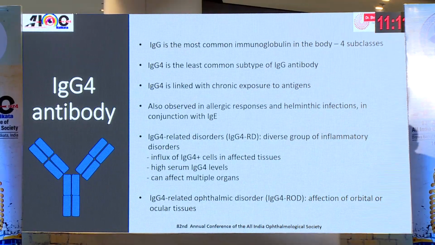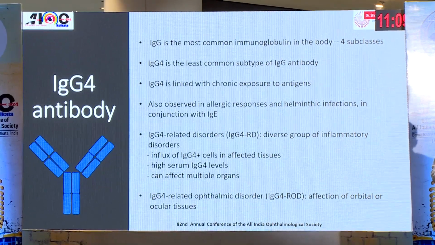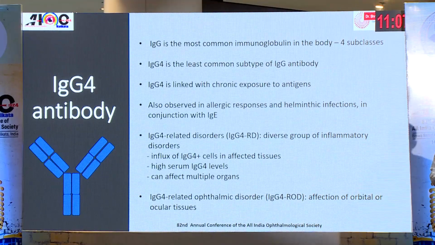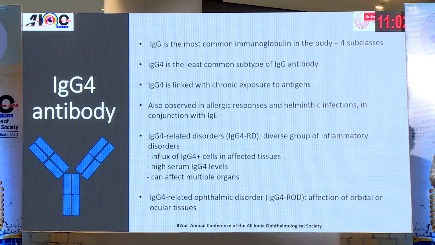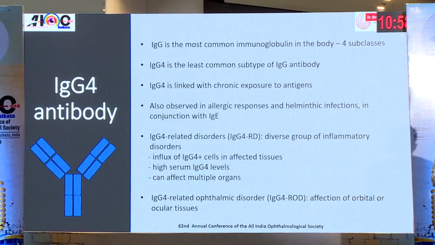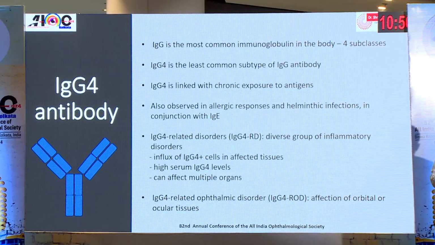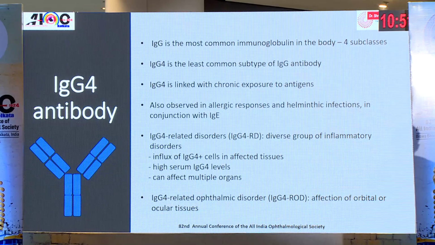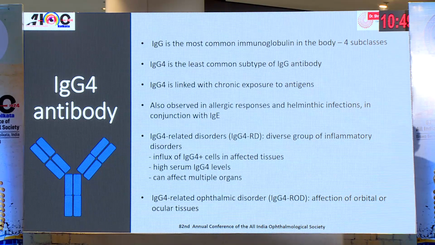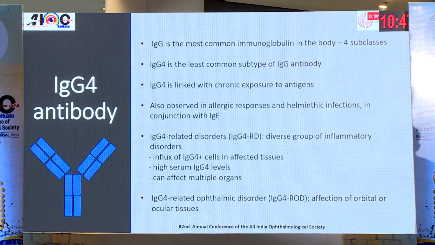IgG4 related disorders are a diverse group of inflammatory disorders characterized by influx of IgG4 positive cells in the affected tissues and high serum level of IgG4, and they can affect multiple organs. IgG4 related ophthalmic disorder is when this IgG4 related disorder affects the orbital or the ocular tissues.